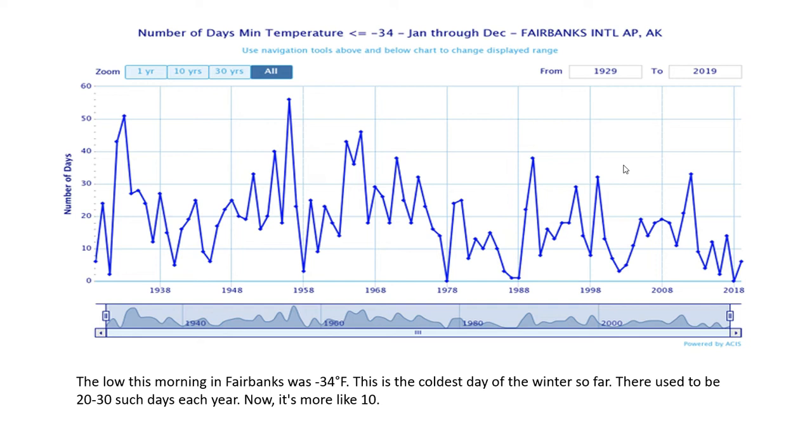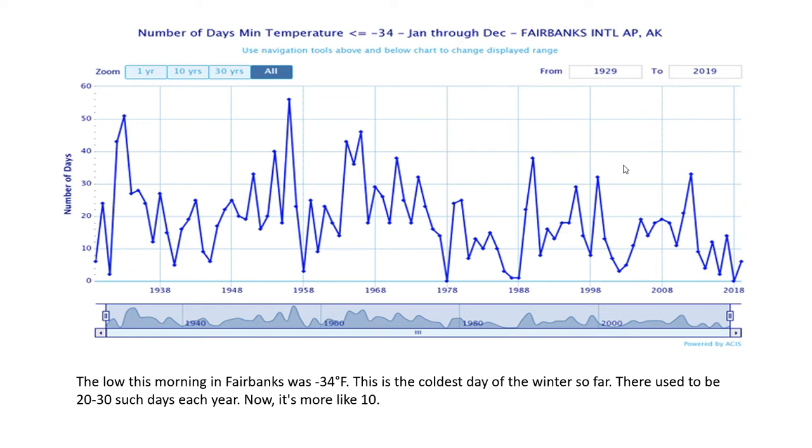Part of that was because of the extremely, very strong negative indicators for the Arctic Oscillation that gives us a very strong zonal tight flow. So the cold temperatures were kept up at high latitude.